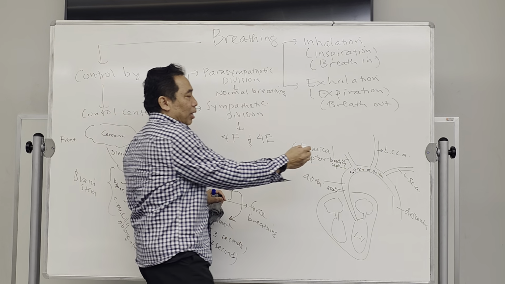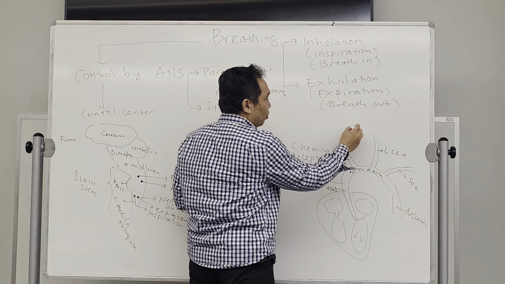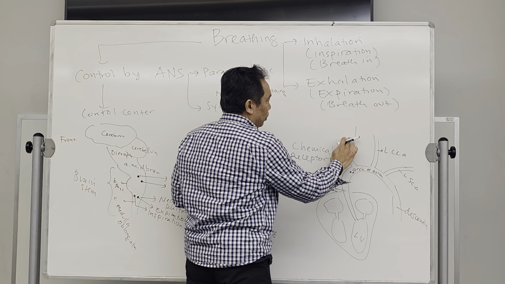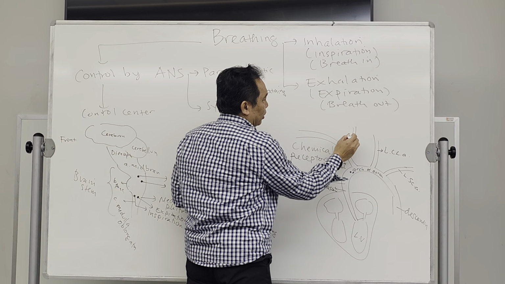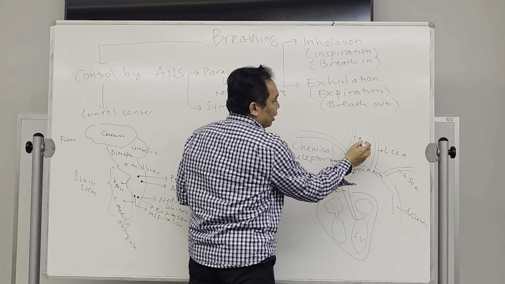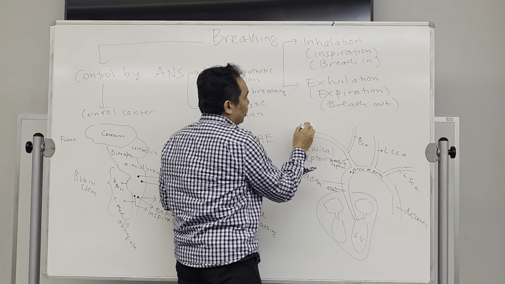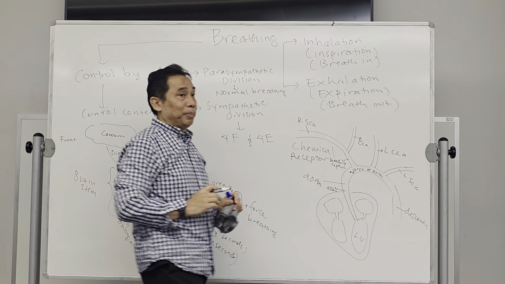Okay, the brachiocephalic artery will also branch into 2. So this one is going to be the right common carotid artery, and this one will be the right subclavian artery.